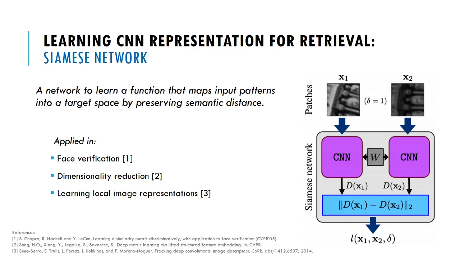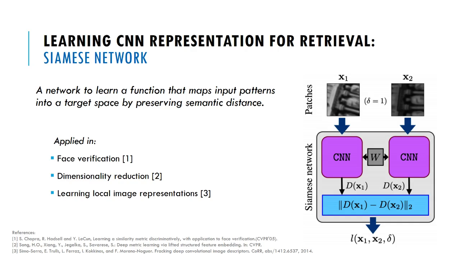So let's start with the classic Siamese network. What's interesting for retrieval is that, unlike a classification network, which is going to be learning a classification, a Siamese network is actually going to be learning a feature space or a metric space that allows us to compare different feature vectors in a way that preserves their semantic distance.